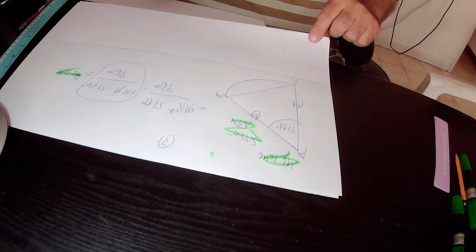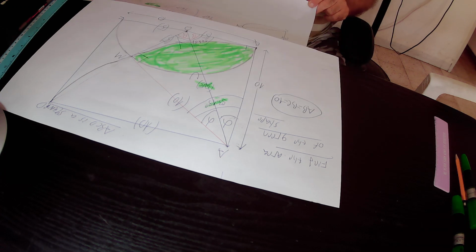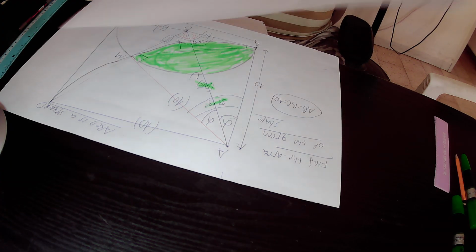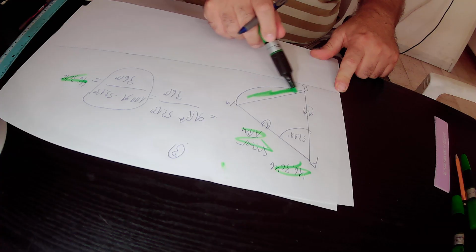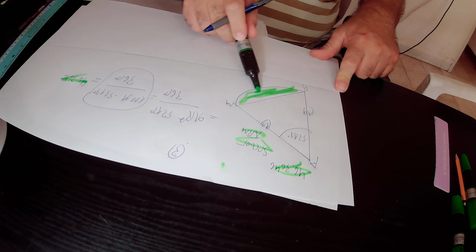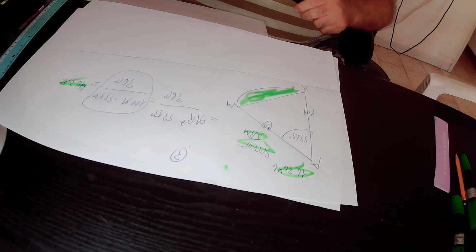Our task is to find the area of the lower segment BLM. This is the lower segment BLM that we have to find the area of.